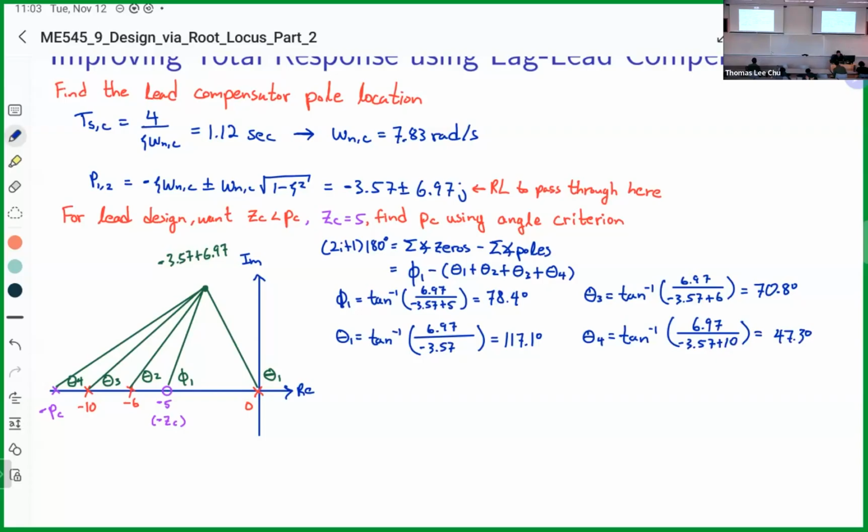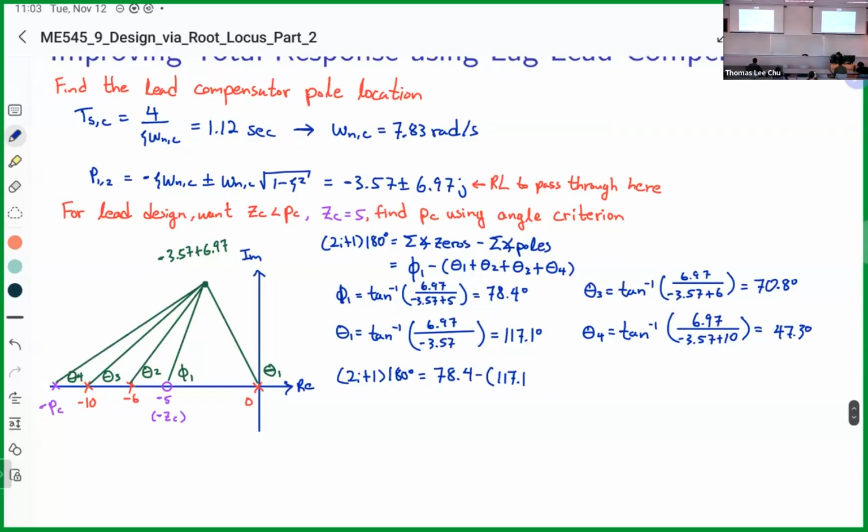So now we're trying to find theta 5 or theta 4, which we don't have. And so then we plug this all in. 2i plus 1 times 180 degrees is equal to 78.4 minus 117.1. Oh, I think I mislabeled this.